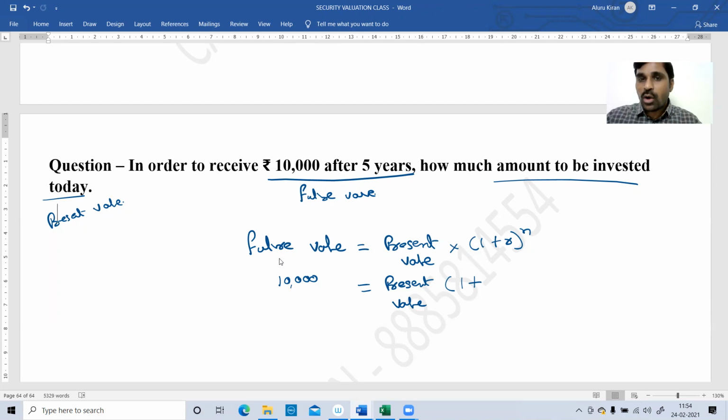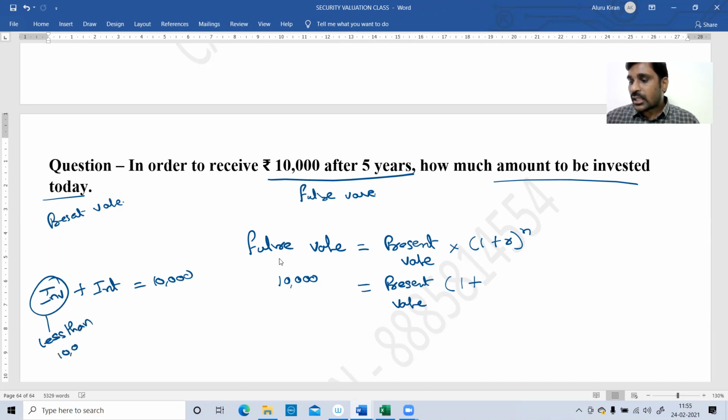On that lesser amount, interest will accumulate. Our investment plus interest together is equal to 10,000.